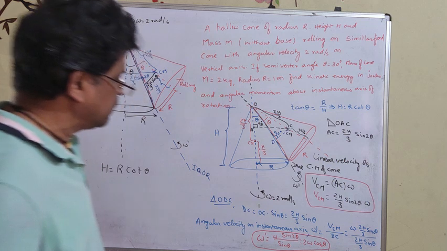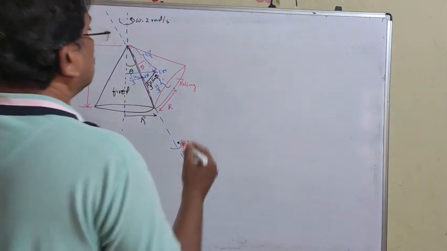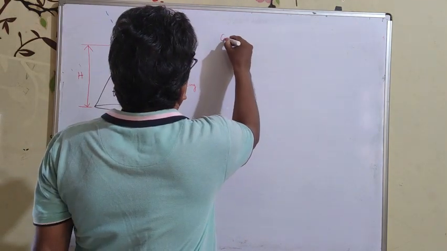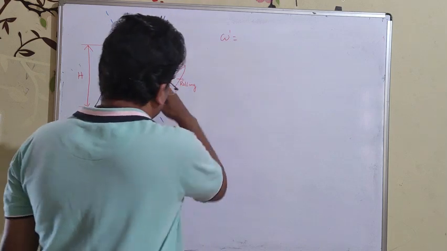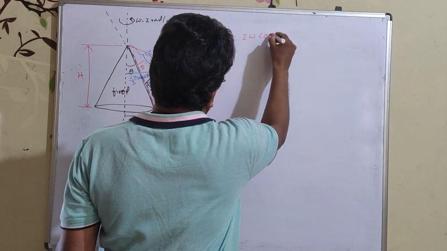Because we know omega dash, it is easy for us now to find the kinetic energy and angular momentum. For finding the kinetic energy and angular momentum, we need the moment of inertia of the rolling cone. So what is the moment of inertia of the rolling cone on its slanting side? This value we know already. We found omega dash, the angular velocity about the instantaneous axis of rotation, as 2 omega into cos theta.